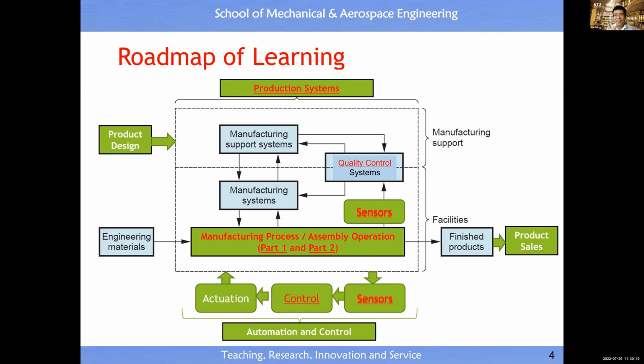And here, pay attention: by default, when we talk about manufacturing, we talk about mechanical manufacturing. There are chemical manufacturing, biological manufacturing, but by default, we focus on mechanical manufacturing. So that is the background knowledge.